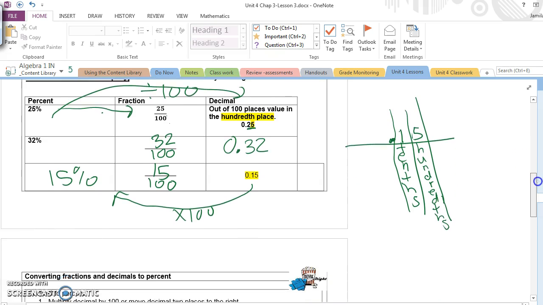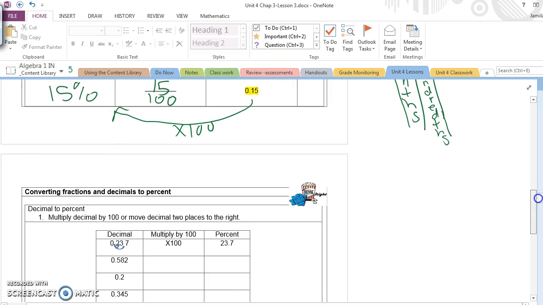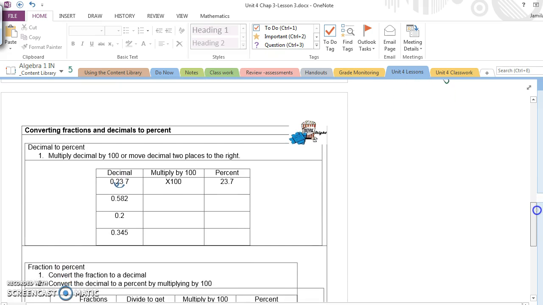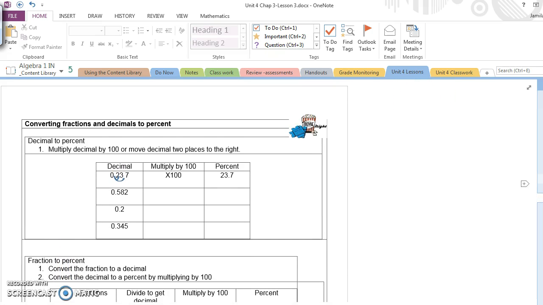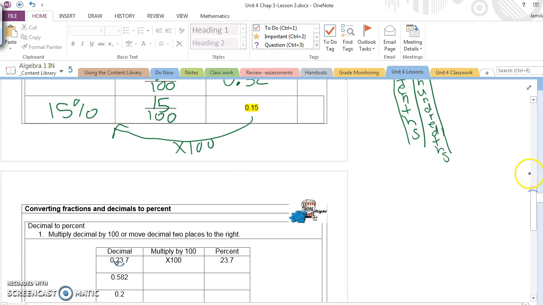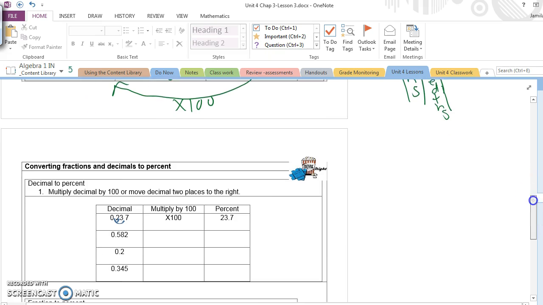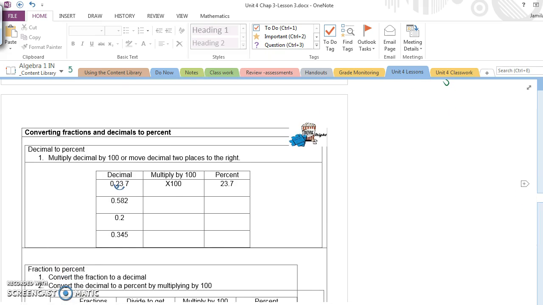Now let's scroll down, let's look. Here we have decimal to percent. So as I already stated before, up here, decimal to percent, you simply multiply by 100. What is happening to the decimal when we multiply by 100? And that's the key here. So if I already have a decimal, so here is 0.237.